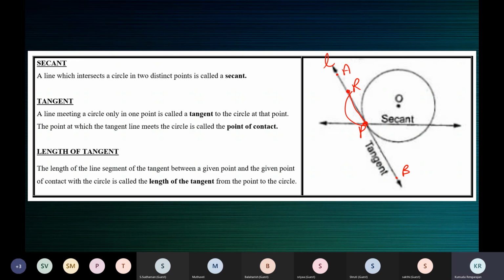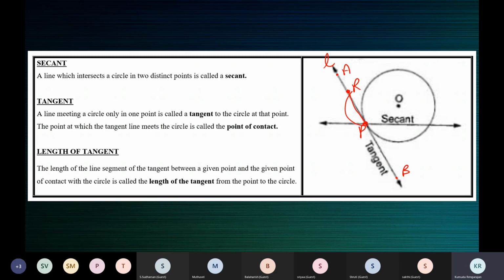Then we'll be like, tangent is a line, how can we measure its length? So tangent segment is also said, length of tangent segment, sometimes referred to as length of tangent. It's understood: tangent is a line, and you cannot measure the length of a line. So when it is length of tangent, it is the length of some tangent segment. It is understood.